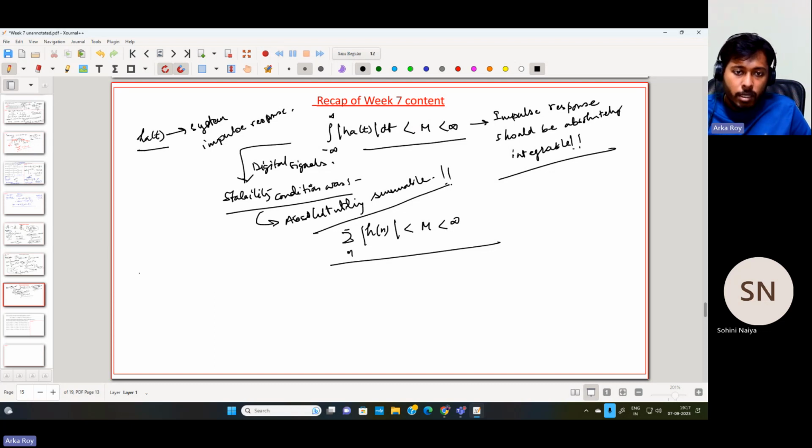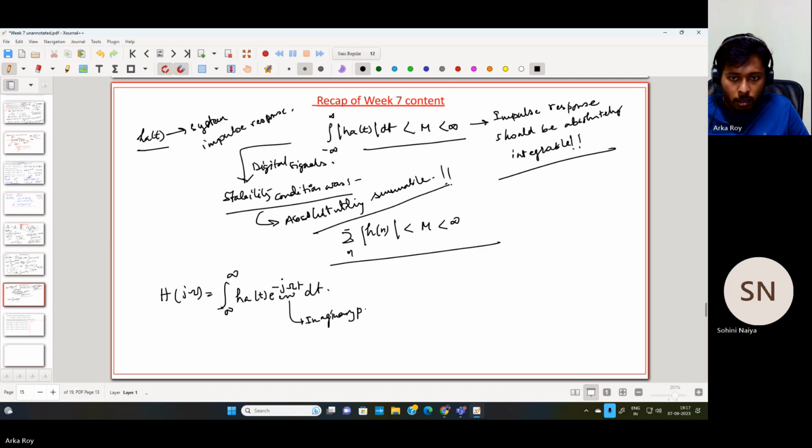Now we have seen that the Fourier transform is of this form: minus infinity to infinity h(t) e to the power minus j omega t dt. That means we are considering the basis in the form of e to the power minus j omega t, so we are only bothered about the imaginary part.